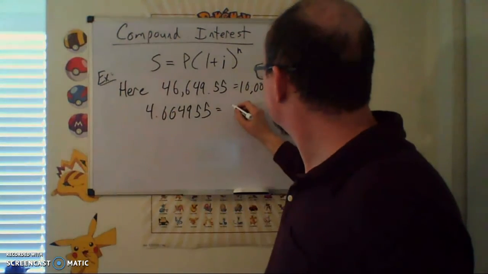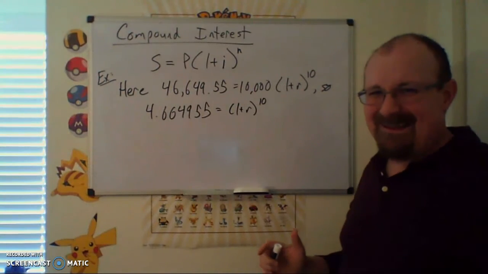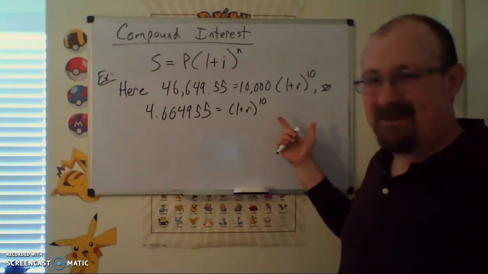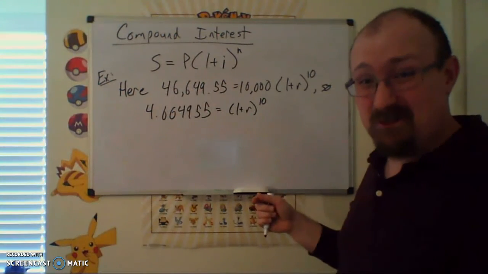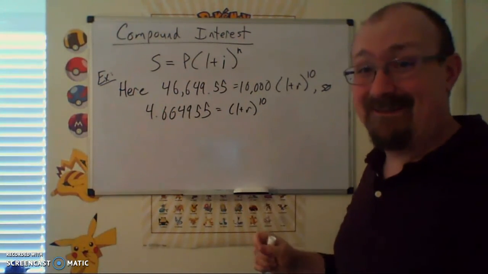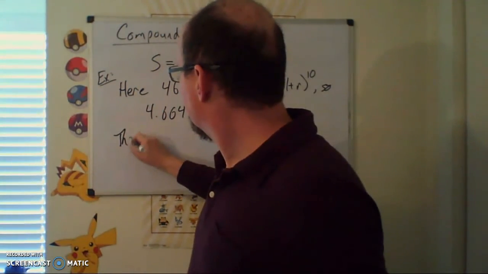Now, technically, I guess you might try to do this with logarithms. We saw stuff like that before, but it turns out we don't really need to in this instance. To get rid of raising something to the 10th power, we can do what's called taking the 10th root.